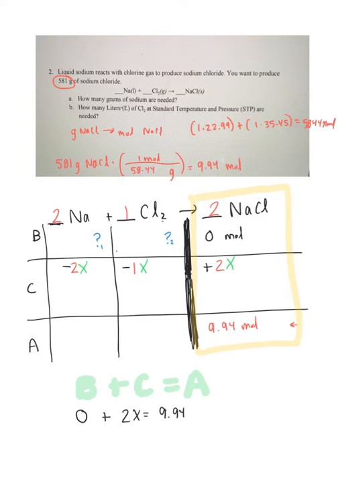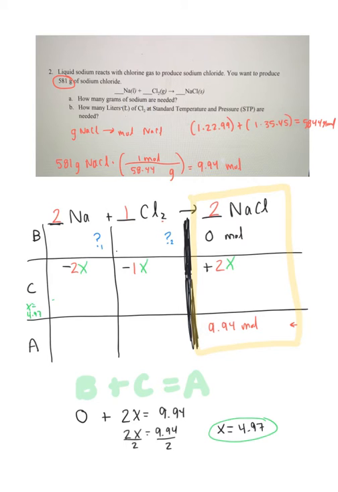We know that the 0 drops out, so then I really just have 2X equals 9.94, divide both sides by 2, and we are left with X equaling 4.97. So that is our X value, because that's the only information they gave us. That's the only way we can find X, right? So X equals 4.97.